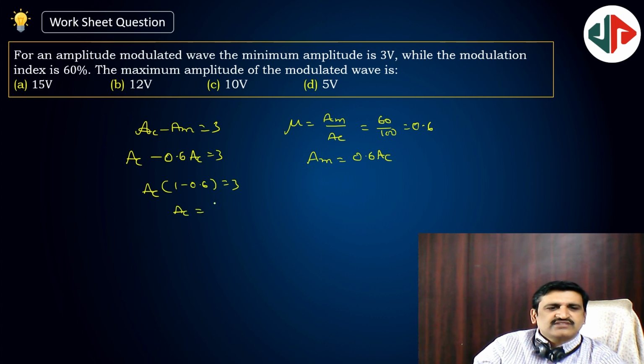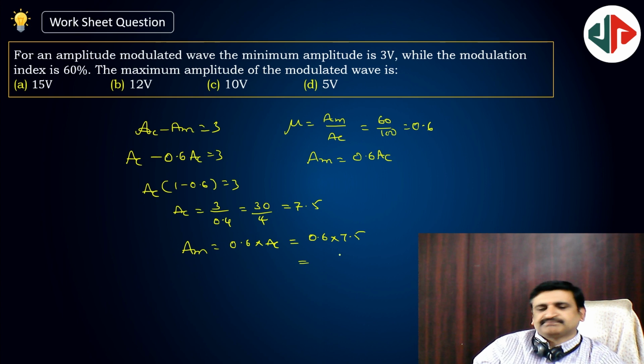So AC equal to 3 by 0.4, that is 30 by 4, which is 7.5. AC is 7.5. That means AM is equal to 0.6 into AC, that is 0.6 into 7.5, which is AM.